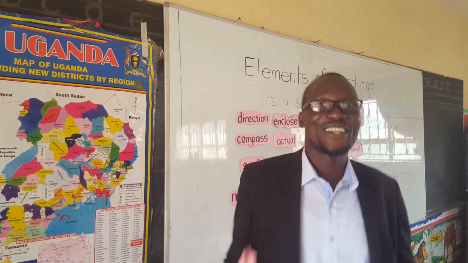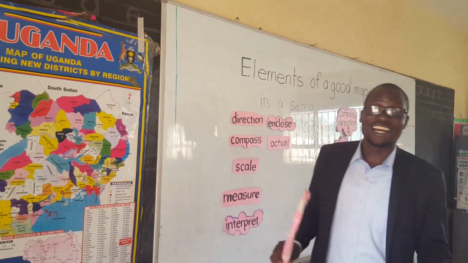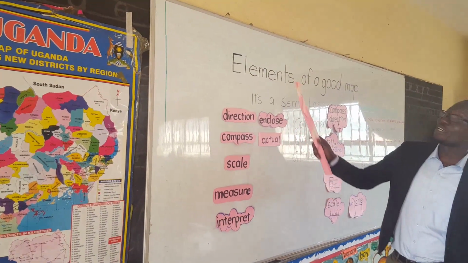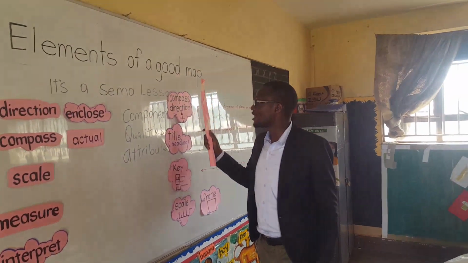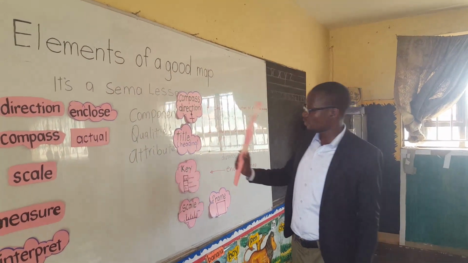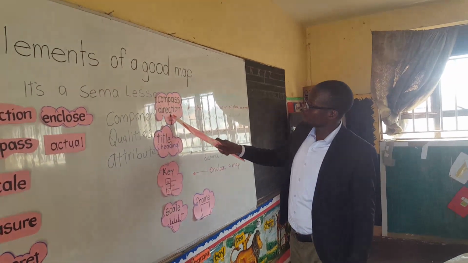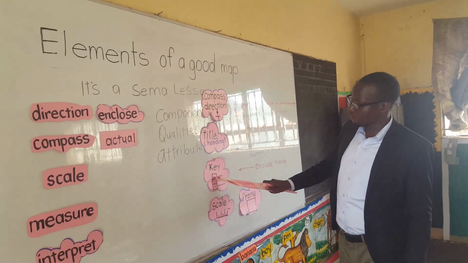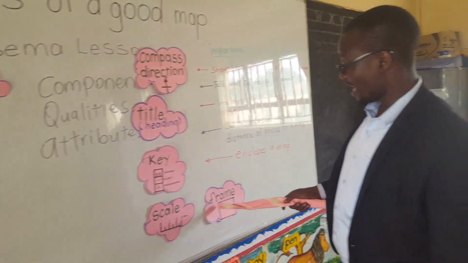I would also like to wind up this lesson by reminding you that we have learned about elements of a good map. And we have mentioned them as compass, title, key, scale, and frame. This is how the compass looks, this is how the key looks, this is how the scale looks, and here is the frame.